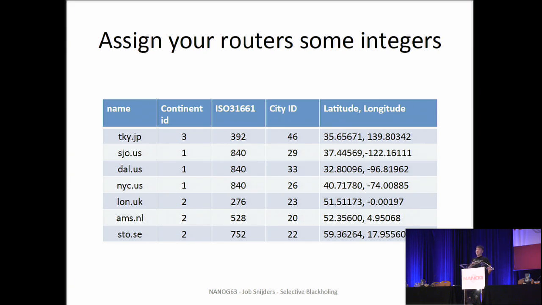And then a city ID or a metro or a market specifier, something that is smaller than country. It doesn't really matter which numbers you choose, but be sure to make them consistent across your network. And it's useful to put in the database the GPS coordinates of your devices so we can calculate for the 1,000 and 2,500 kilometer radius communities.